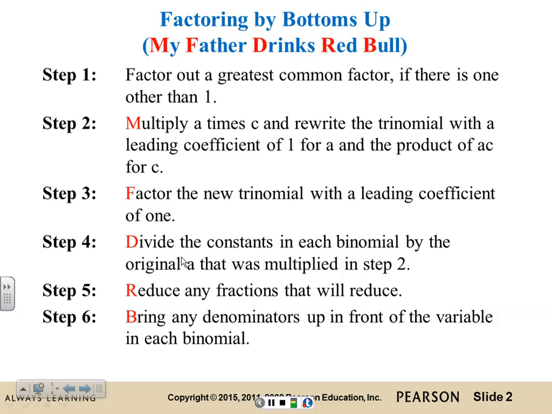So you're going to divide the constants in each binomial by the original A, the leading coefficient that was multiplied in step number 2. Then you're going to reduce the fractions if you can, and if you cannot, then there's going to be a denominator, and you're going to bring that denominator up in front of the variable in each binomial. So: multiply, factor, divide, reduce, bring up.